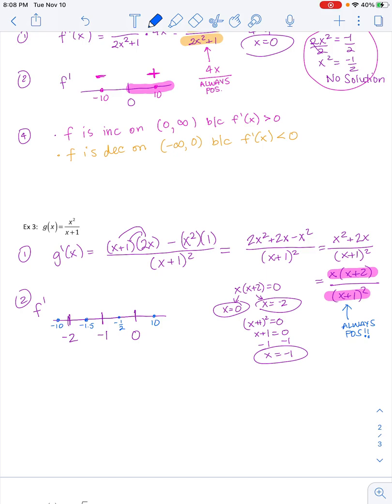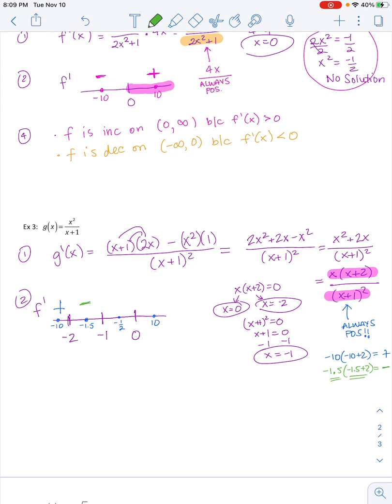So I'm going to plug negative 10 in. Negative 10 times negative 10 plus 2, that is a negative times a positive... wait, a negative times a negative, so that's a positive. Put that in the first interval. Then I'm using negative 1.5 times negative 1.5 plus 2. I have a negative times a positive, so that overall result is negative.